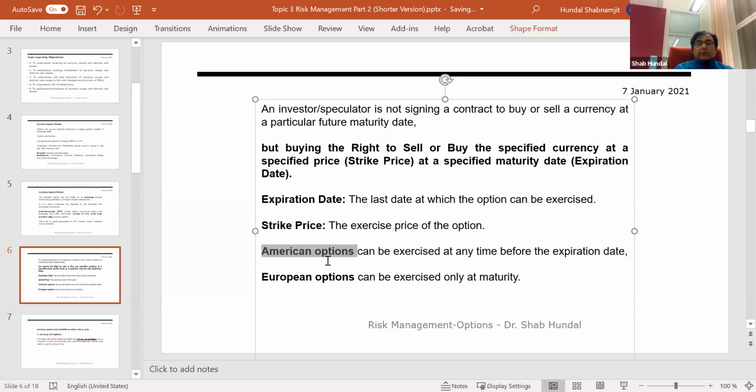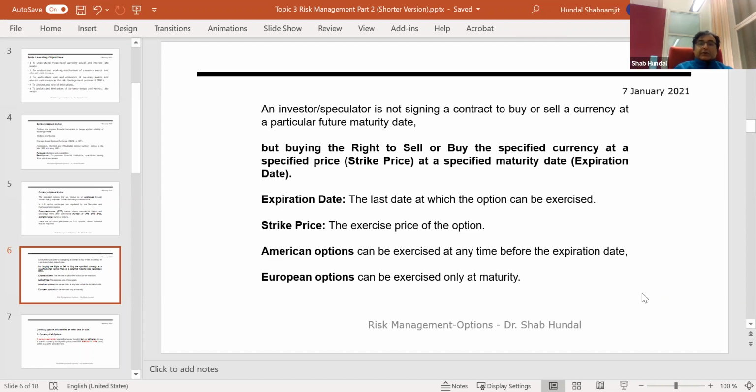One more phrase we use is that options can be American options or the European options. And believe me, America and Europe have nothing to do with their geographical locations at all. American option is the option which you can exercise either on the day of expiry of the contract or before.